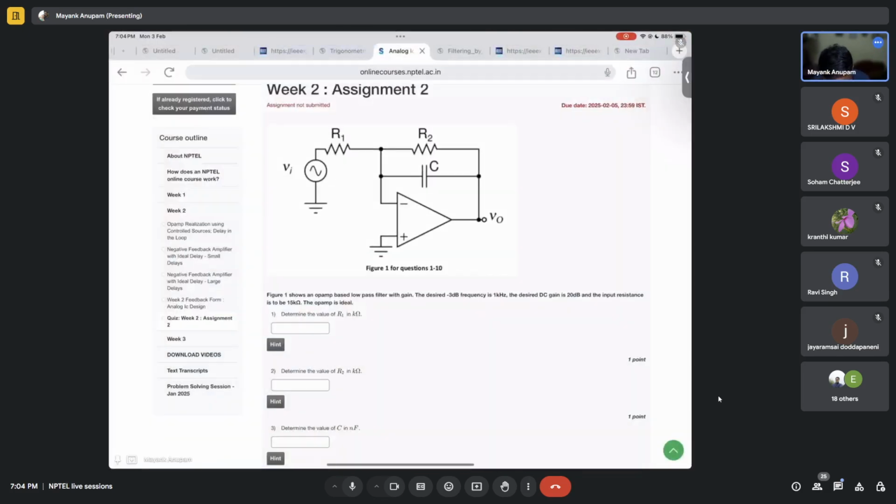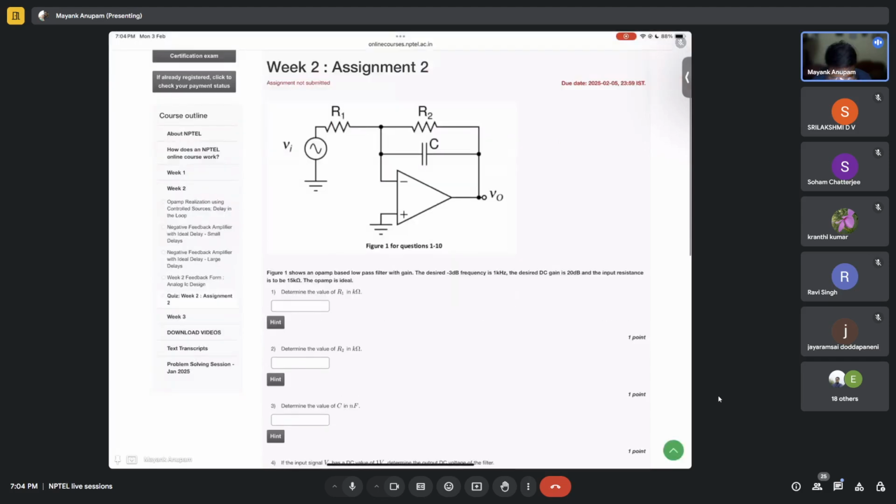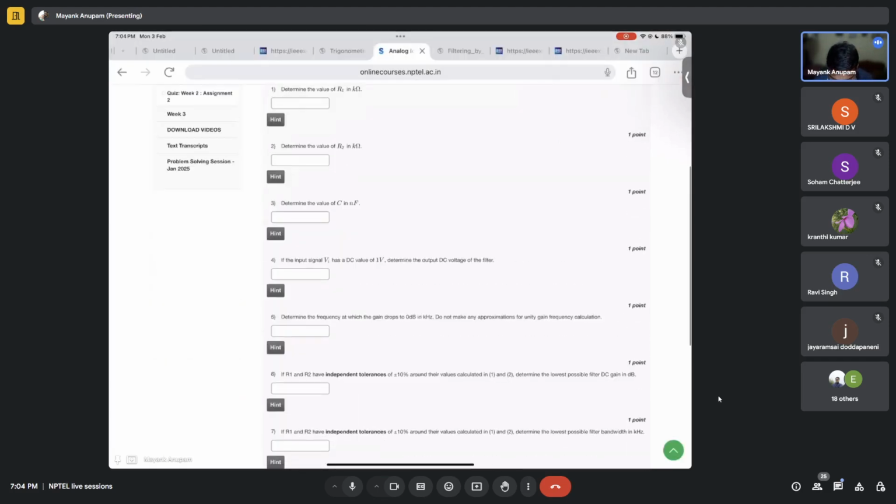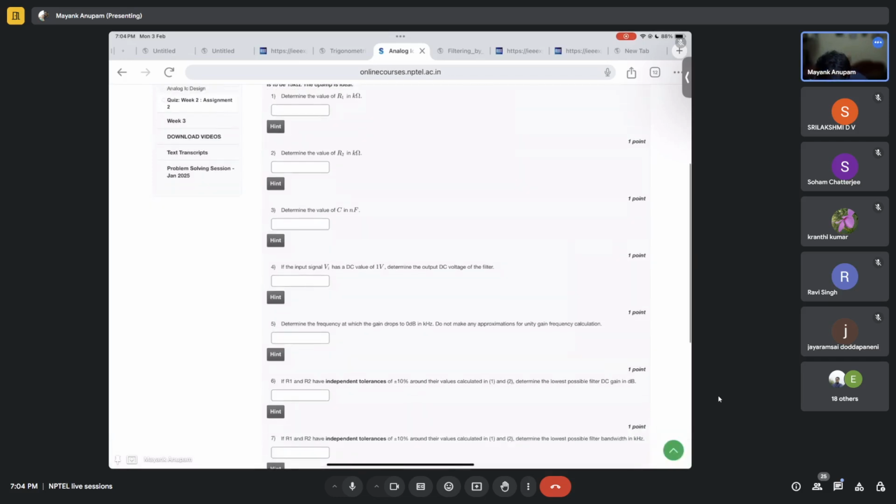let's come back. So now, the question is to determine the frequency at which gain drops to 0 dB in kilohertz.